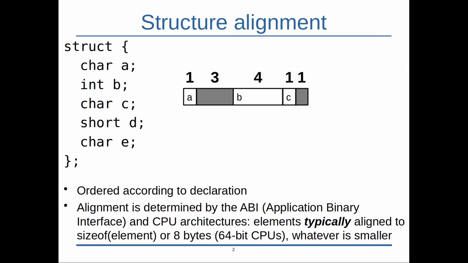And then we want to put D. But before we put D, we have to align at a 2-byte boundary, so we have to insert an extra 1 byte. Again, it doesn't matter whether it's in this word or the other word, as long as it's 2-byte aligned. So then we place E. That doesn't require any padding.